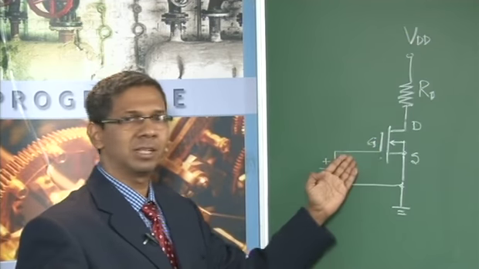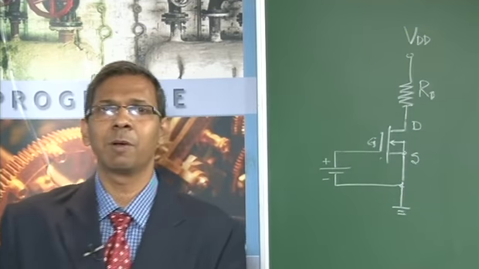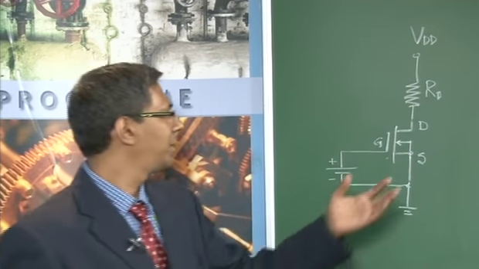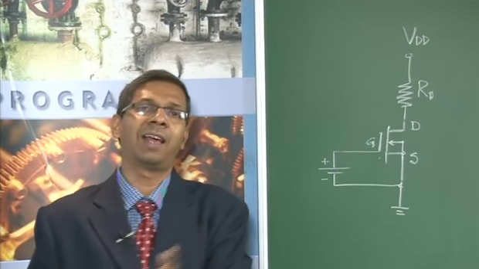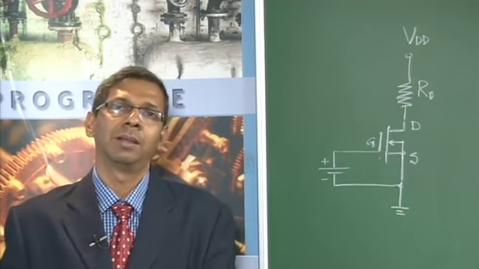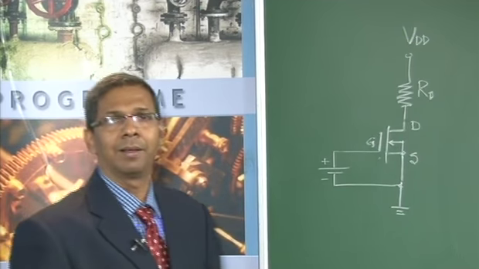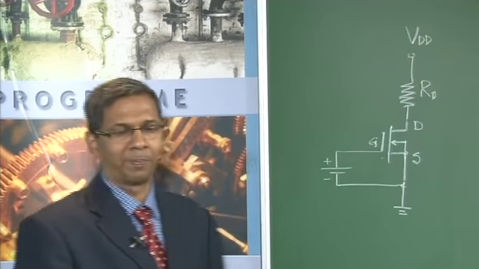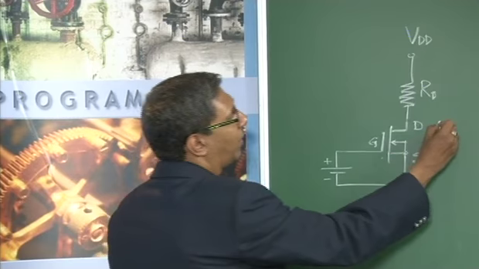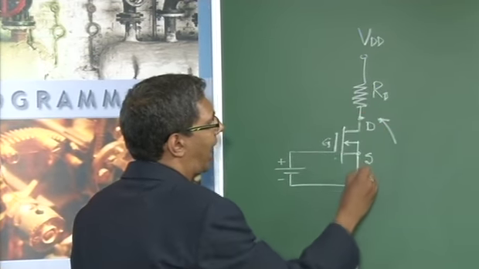I am applying a VGS which is greater than 0. In which mode am I operating this depletion MOSFET, enhancement or depletion? Yes, it is enhancement, because I am increasing the channel depth by giving a VGS greater than 0.